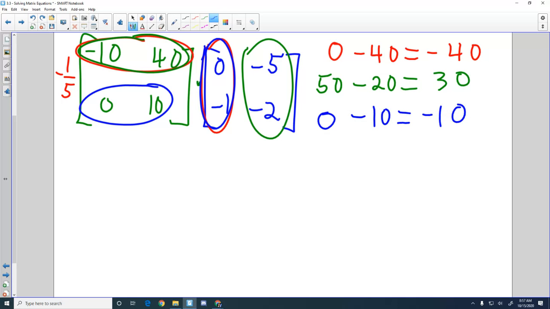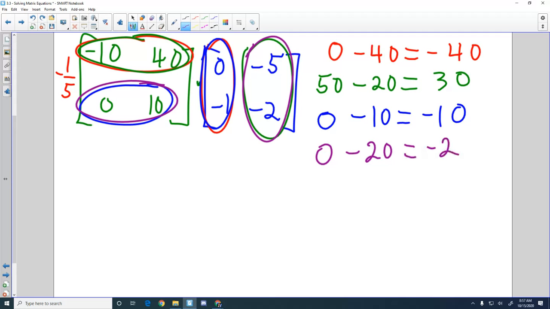Our third element is a negative 10. Second row times second column. 0 times negative 5 is 0. 10 times negative 2 is negative 20. That gives us negative 20.